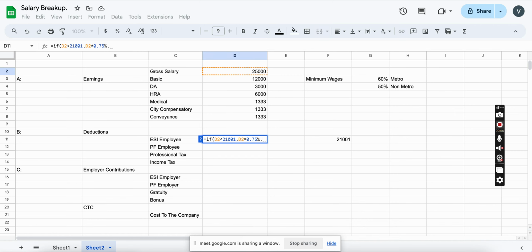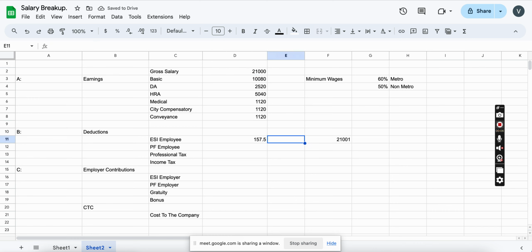Otherwise, if gross salary is more than 21,000, then it will be 0. Okay, so see, it came 0. Why did it come 0? Because this is 25,000. If I make it 21,000, see, it calculated the ESI. And what percentage of ESI? 0.75% of ESI.